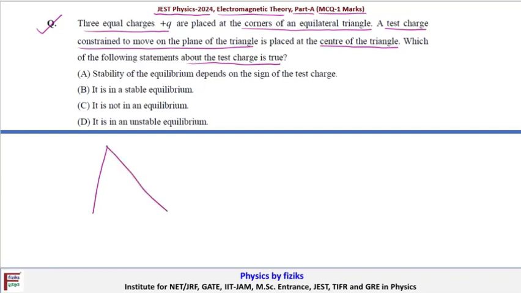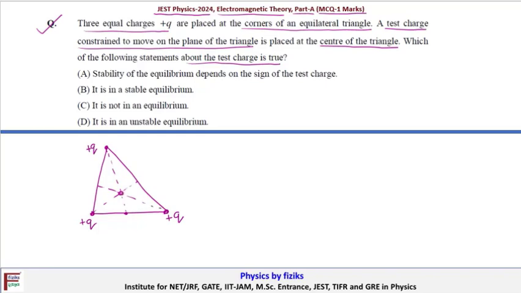This is an equilateral triangle and its center is given by, there are +Q charges at each corner, and the center is given by, if we connect the vertex with the midpoint of the opposite side. So this we have to connect in each case.